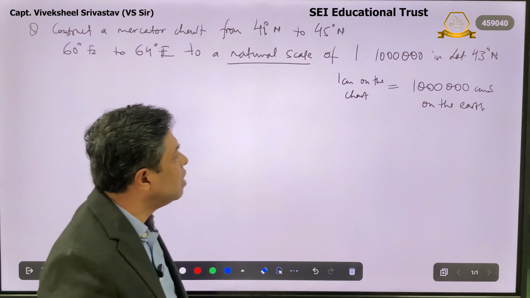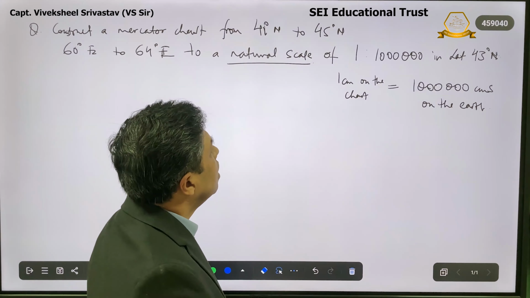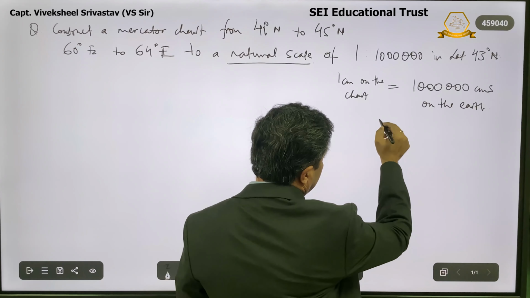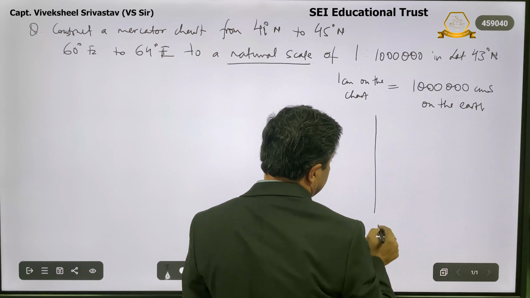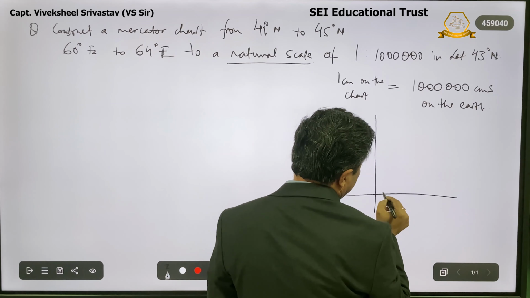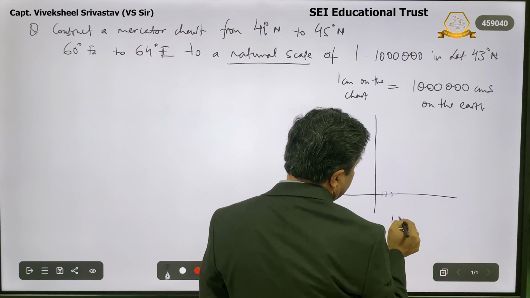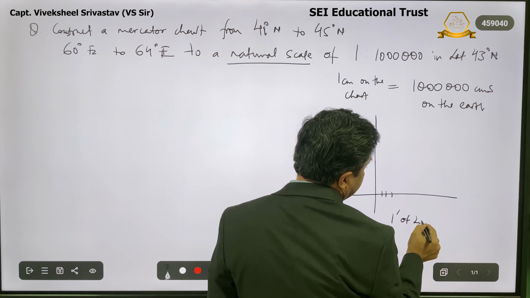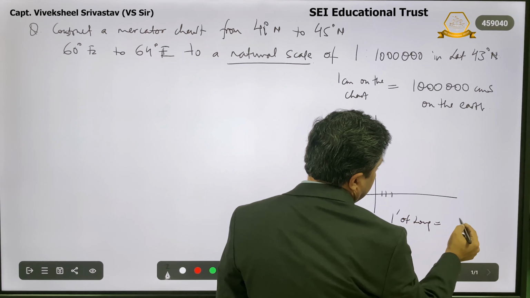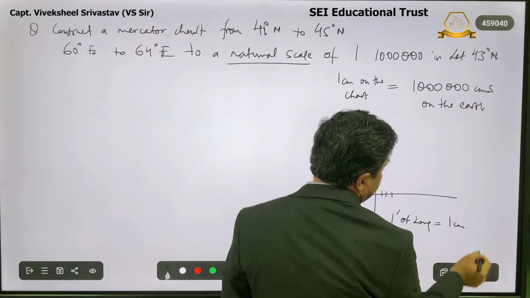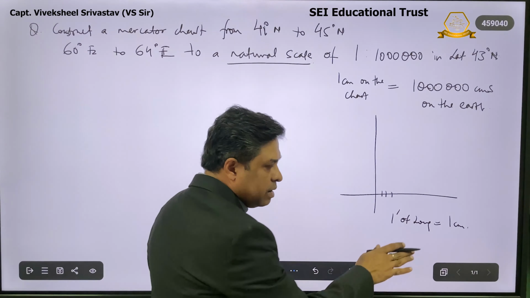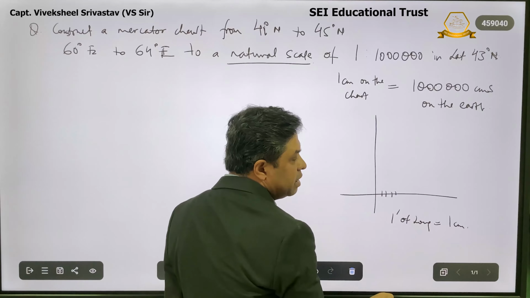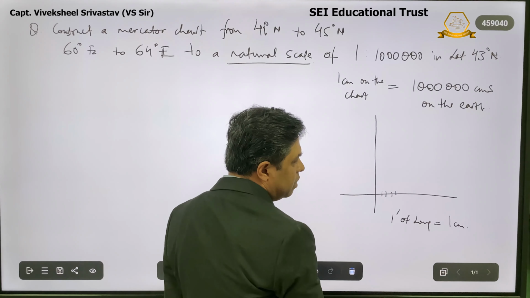So in our last assumption, what we had taken was that longitude scale, 1 minute of longitude, is equal to 1 centimeter. All right. And we had taken a longitude scale at the equator. Okay.